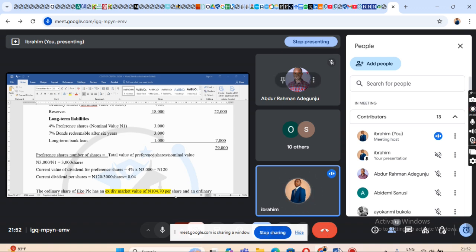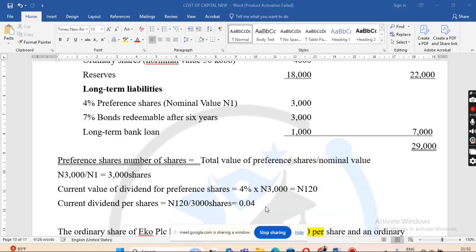Are we together, please? Now, let's quickly look at it this way. The 4% can be used as the current dividend, or the 4% given in the question, right, can be used as what?